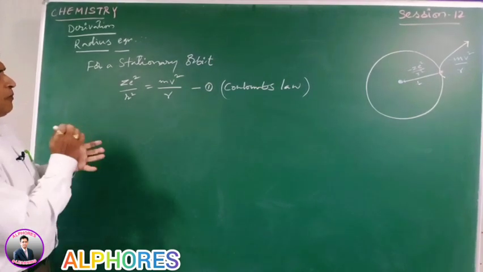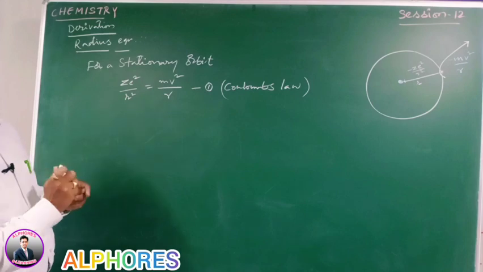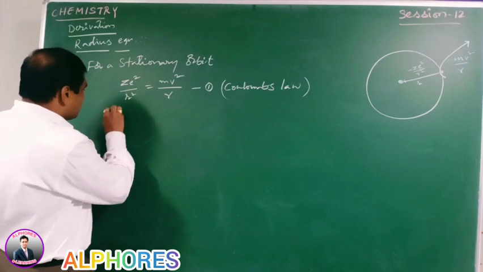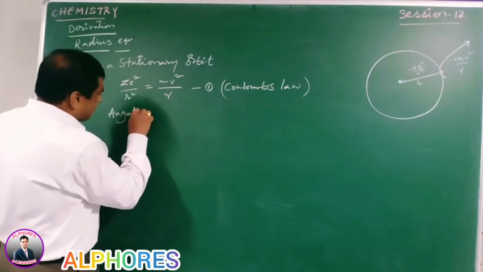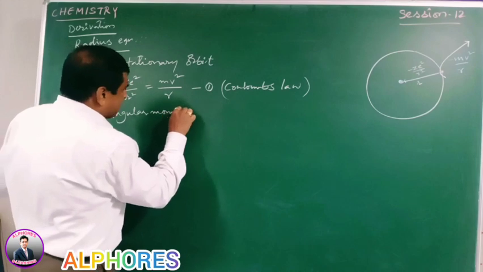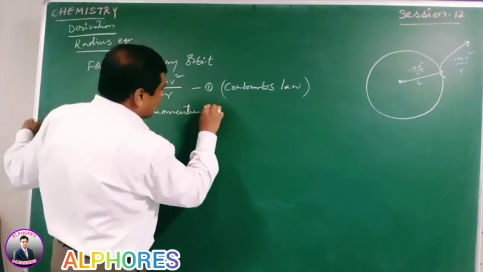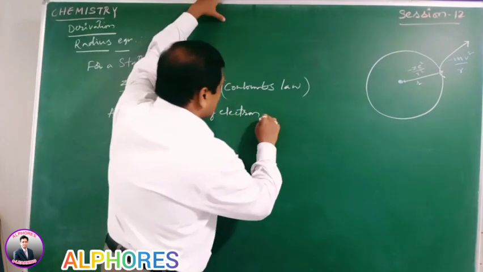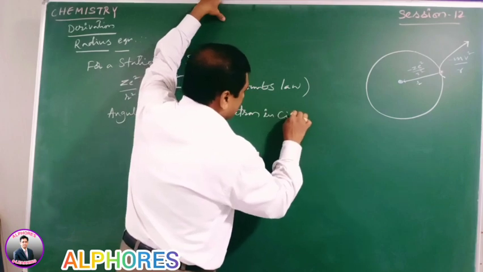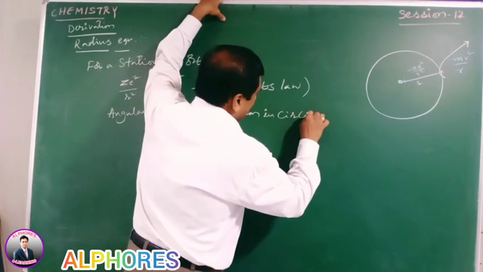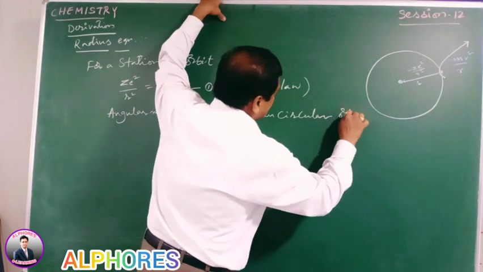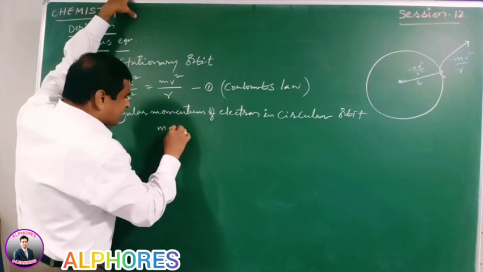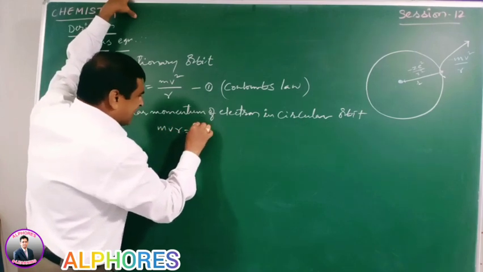Now, the angular momentum of the electron revolving in a circular orbit is given by the expression mvr equals nh by 2 pi.